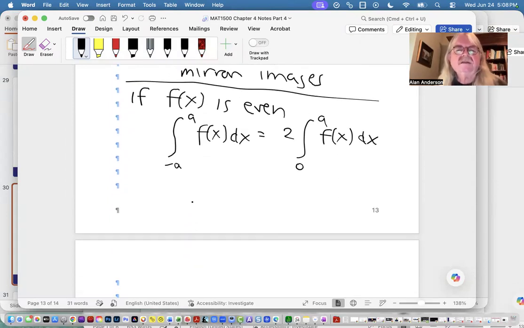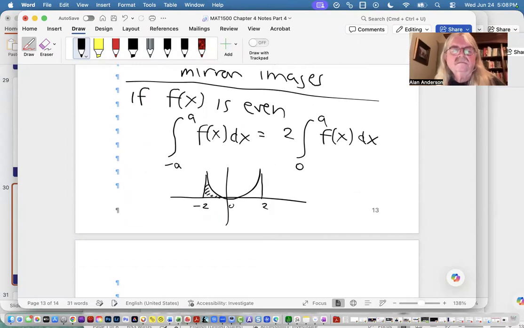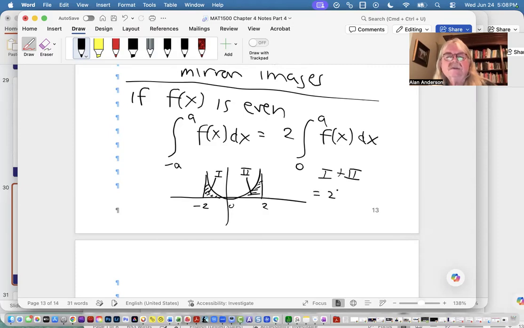So in other words, if we had something like this, the entire area there, let's call this 1 and 2, 1 plus 2 equals 2 times 2. Okay, that's what it's trying to tell us.